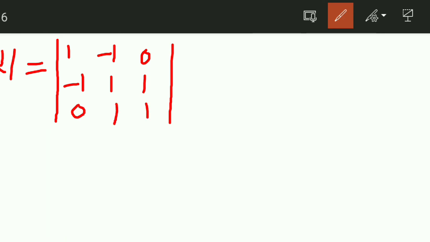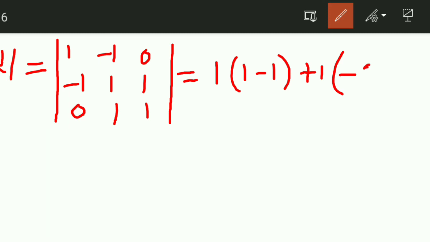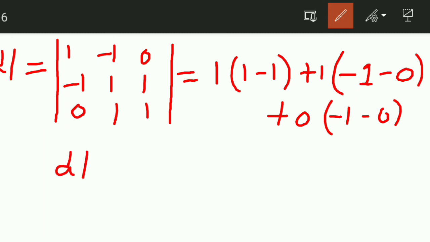So the determinant of this will be 1 times (1 minus 1), and then minus of minus 1 times (minus 1 minus 0), and then plus 0. So the answer comes out to be minus 1.